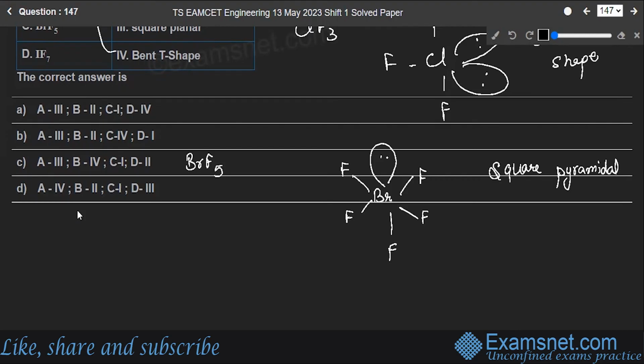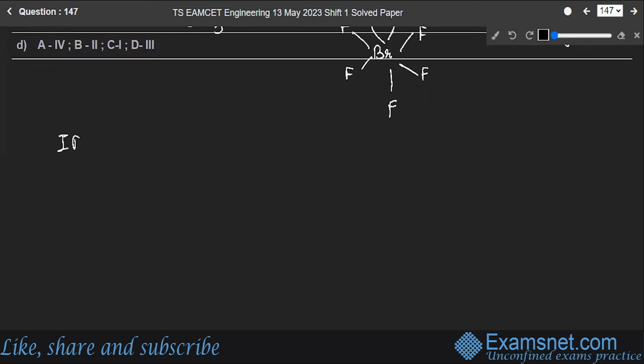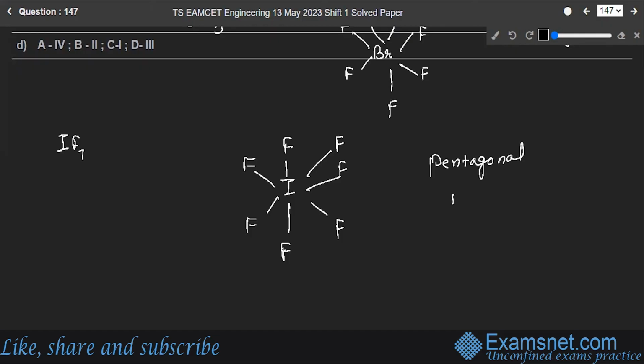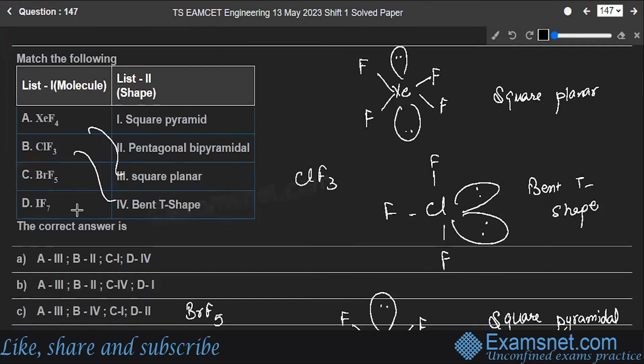And then you have IF7. So here is I, there is F, F, like this. This is pentagonal bipyramidal.